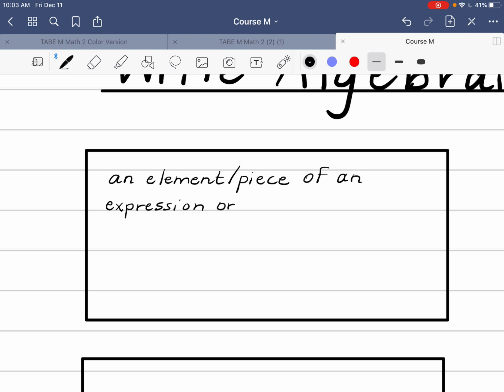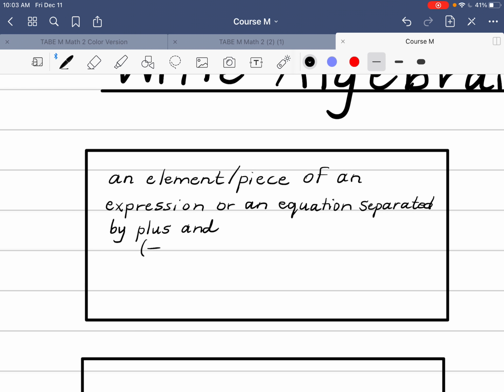or an equation separated by plus and minus signs.